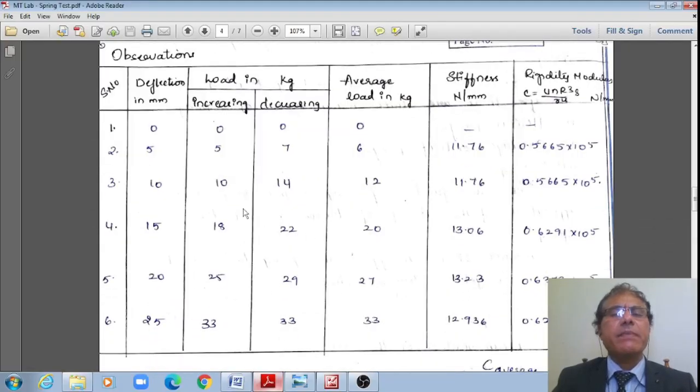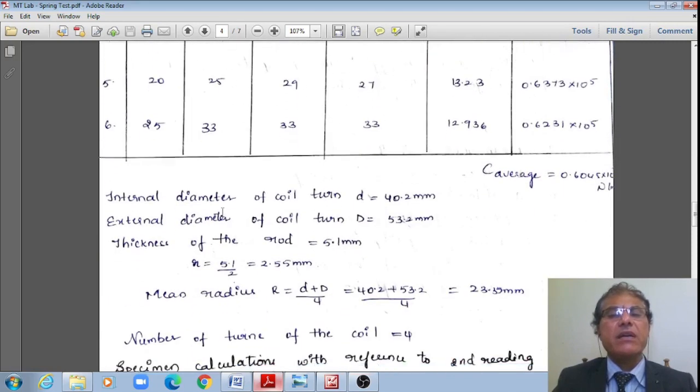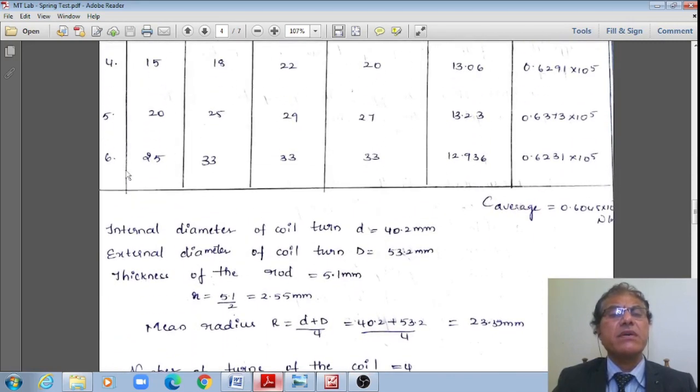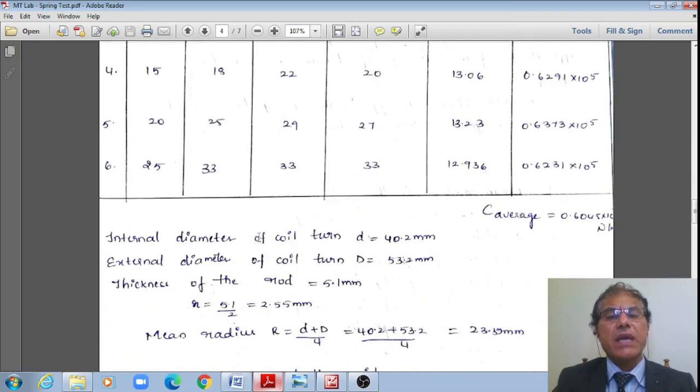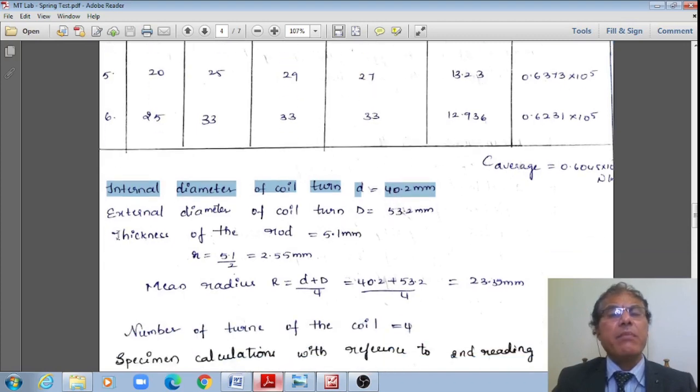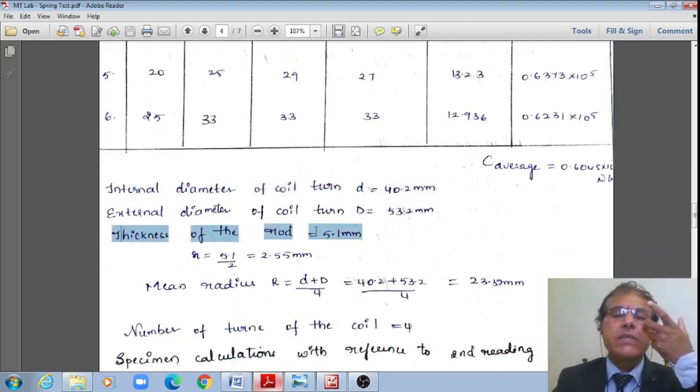Once we conduct the experiment, let us see the observations. These are my observations: I measured the internal diameter of the coil using the vernier calipers, and it worked out to 40.2. I am measuring the thickness of the rod of the coil also, which is equal to 5.1.